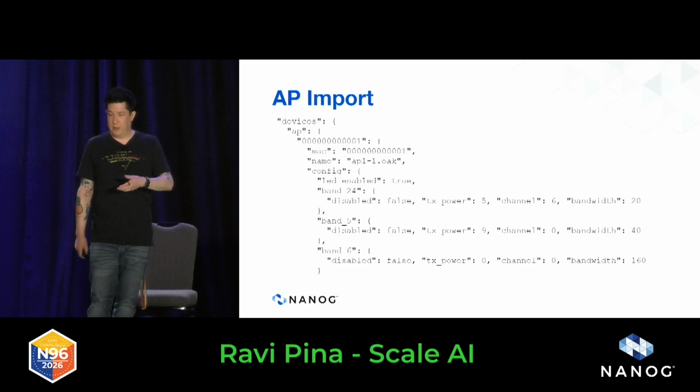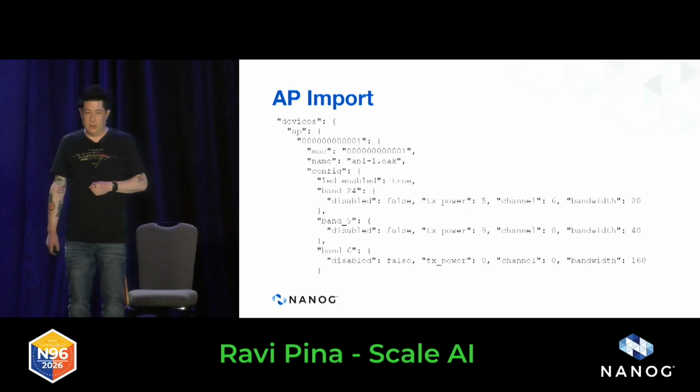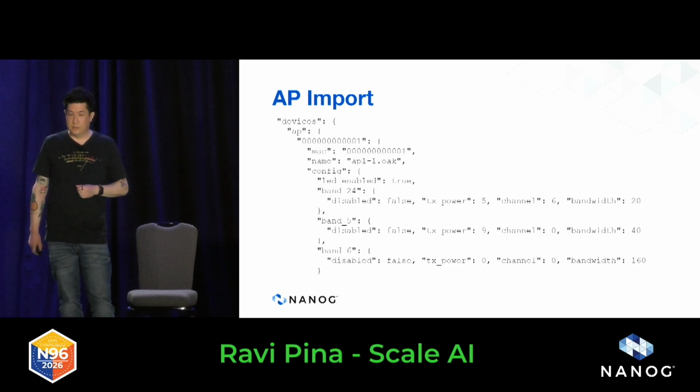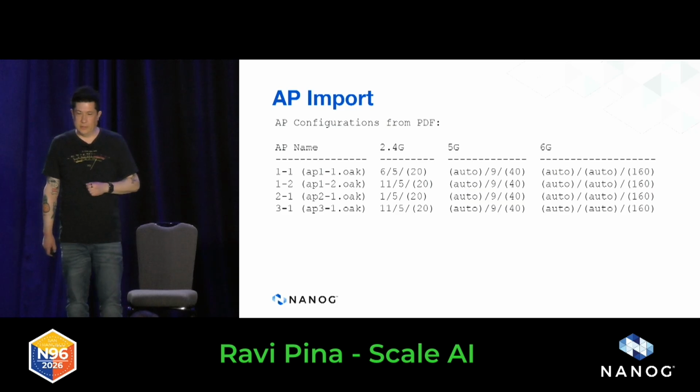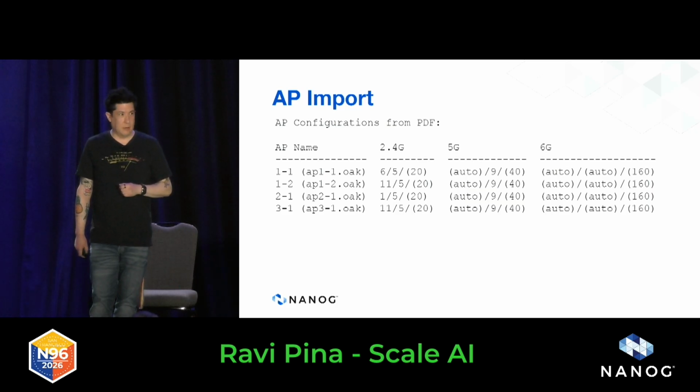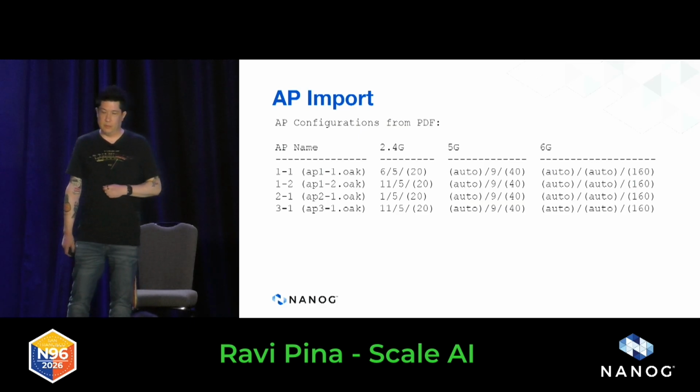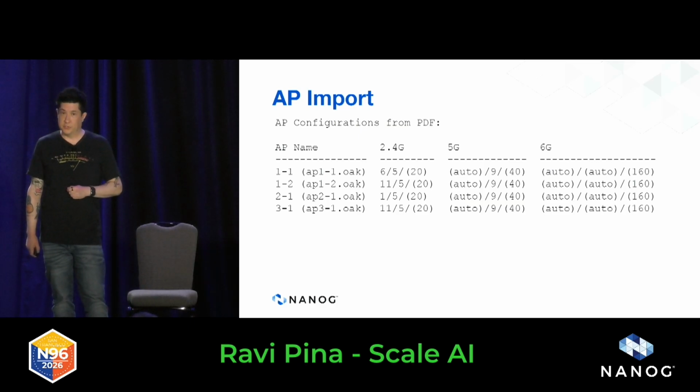And from the PDF, it's going to then populate the 3 different bands: transmit power, channel, and bandwidth. And then there's a summary list of the APs and the final configuration. And again, you can see how there's auto there because we didn't make a definition within the PDF.